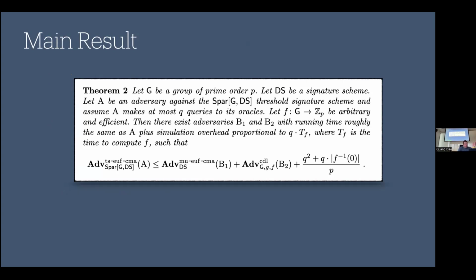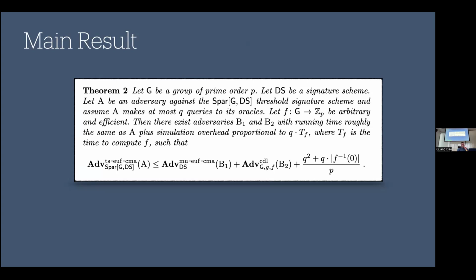So I have here the other main result, which is basically a proof that Sparkle Plus is tightly secure under static corruptions, assuming CDL. I remember I said that Sparkle Plus uses a separate signature scheme to sign the views of the signers, of the players, and we need multi-user security for that signature scheme.